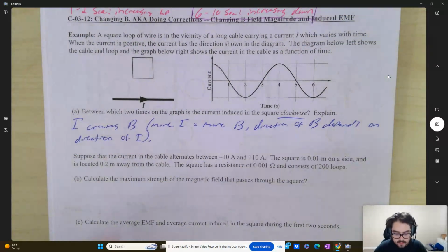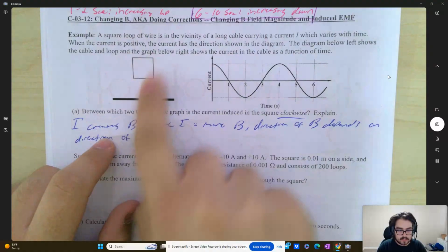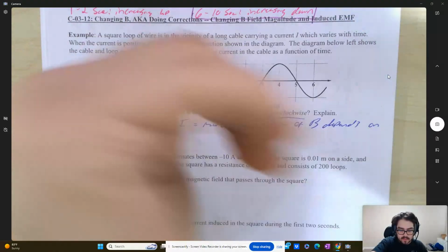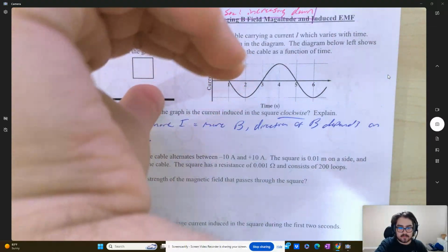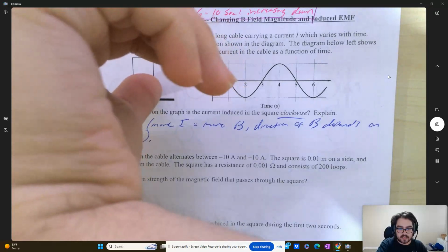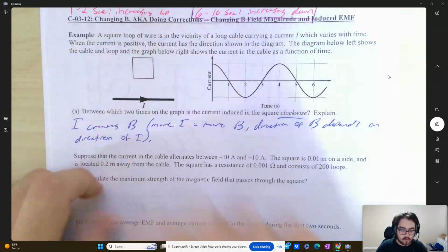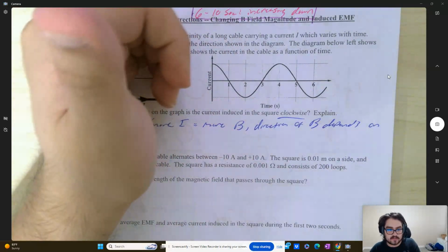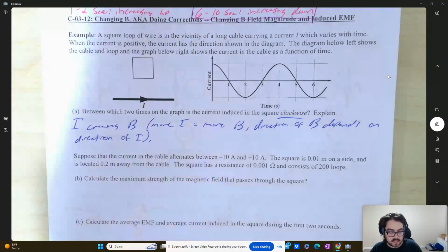We want it to be clockwise, so we want to go around like that. That's not going to work. It either needs to be a decreasing flux into the page or an increasing flux out of the page.